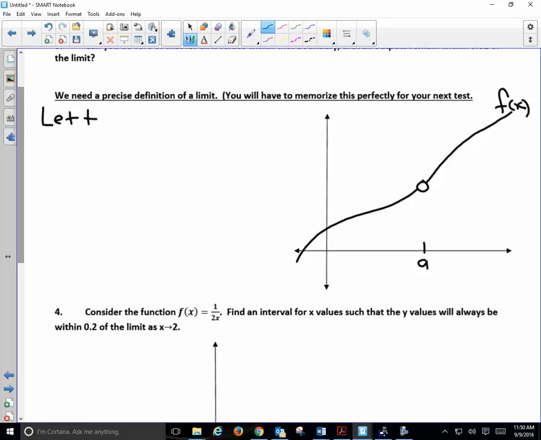Let there be a function. That thing that I drew. Defined on an interval.